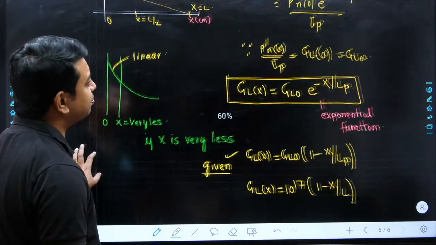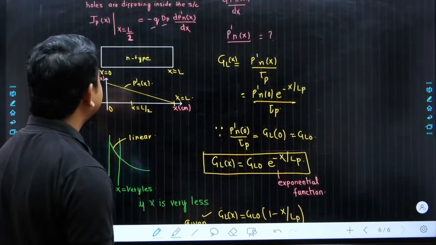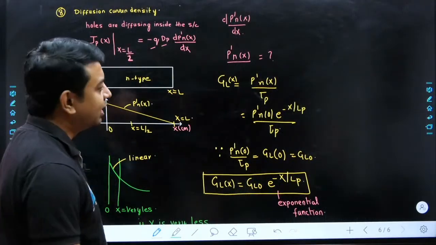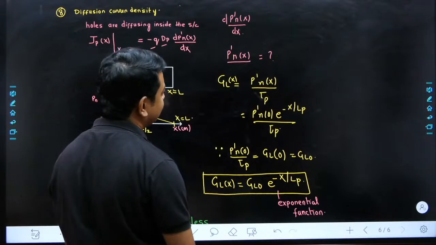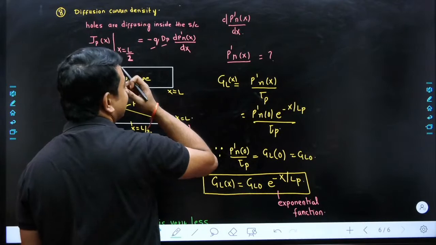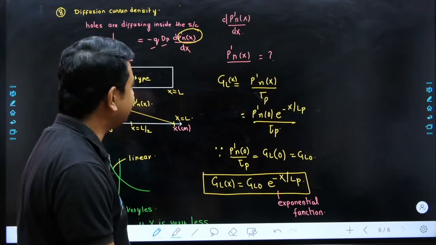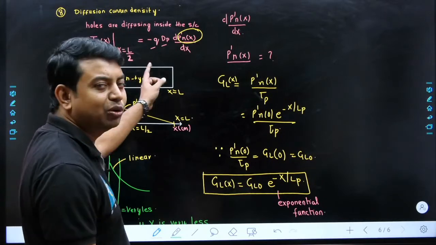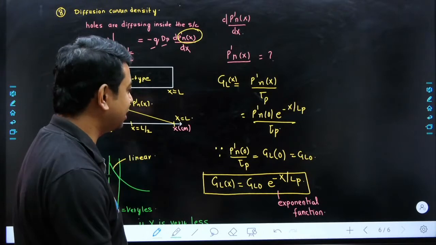So now what is my question? In this question we have to find out this particular part, and for that we have to find out p'n(x), because if we know p'n(x), then we can derive the value of the diffusion current density at distance x equal to L by 2.